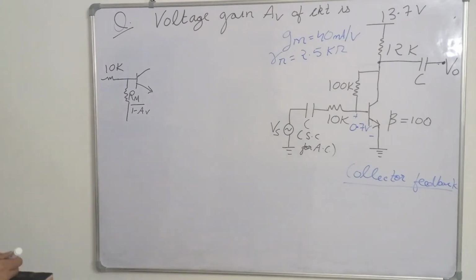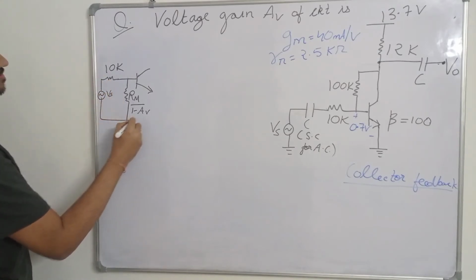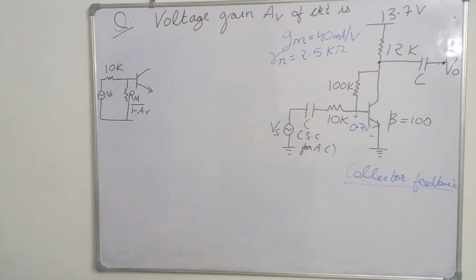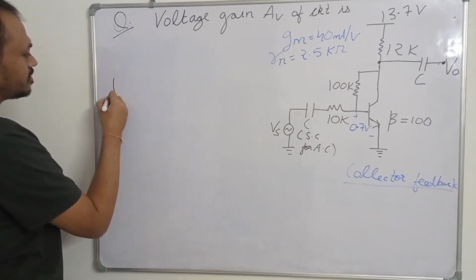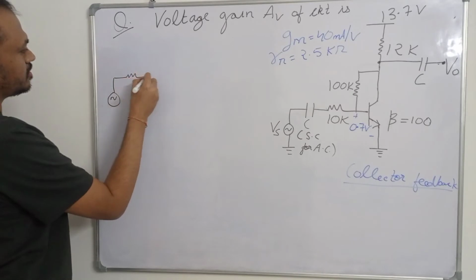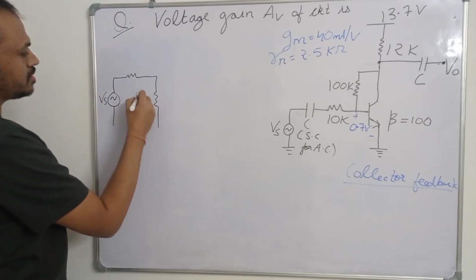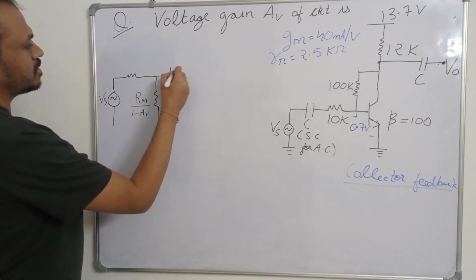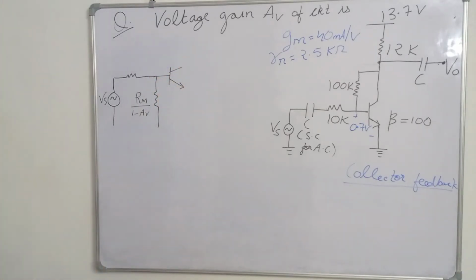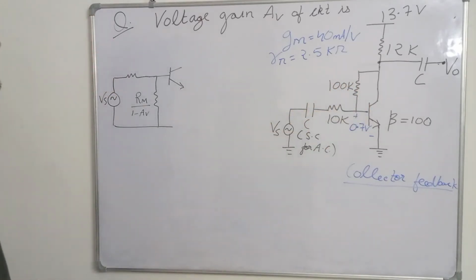So we have this 10k resistor, then we have this voltage source Vs. Let me draw this a little bigger. Now this 100k is between collector and ground as per Miller's theorem.